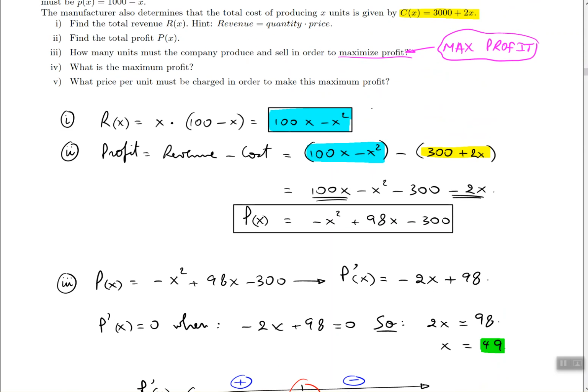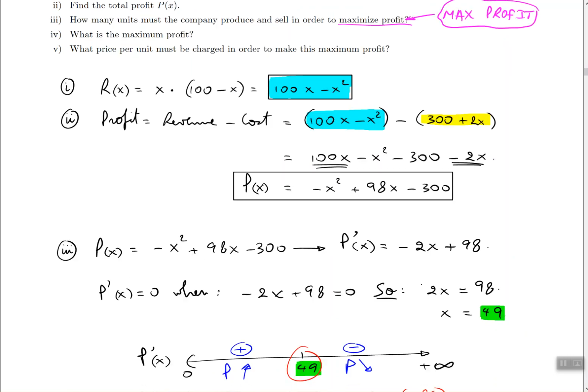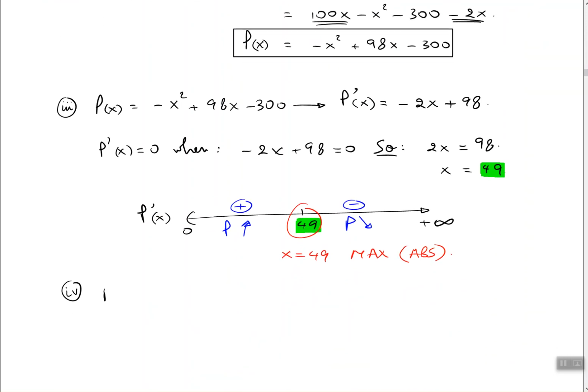So finally, what's the maximum profit? So if you made 49 stereos, what would be the profit? So let's investigate by putting 49, which is your critical number, into the profit equation. Okay, so profit is right there. So this is going to look like negative 49 squared plus 98 times 49 minus 300.